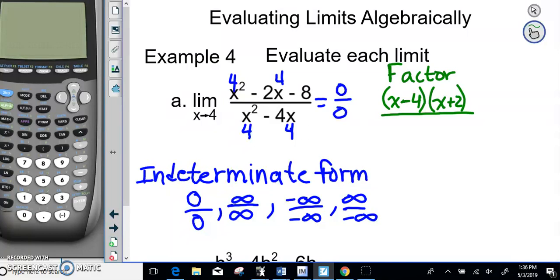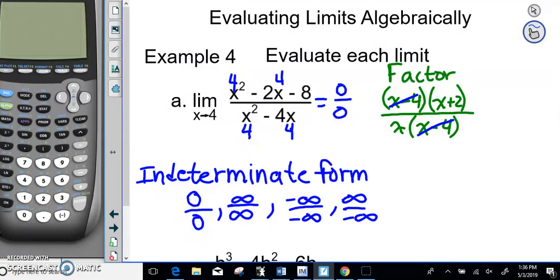You multiply -4 and +2 to get -8, and -4 and +2 add together to give -2. Then on the bottom, we factor out an x and get x minus 4. We should be able to get those two x minus 4s to cancel out, because one's on top, one's on bottom, and we're multiplying.